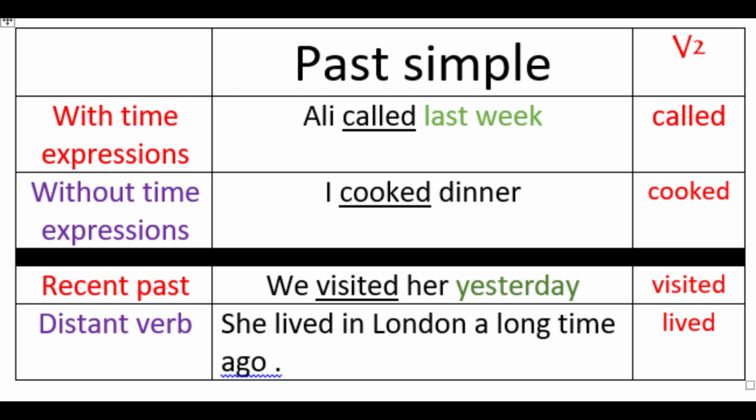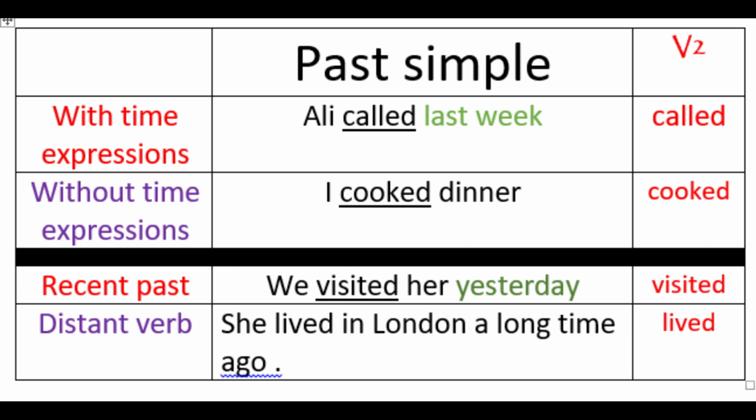Now let's look at when we use the past simple tense. So we can use it with a time expression or without a time expression. What do I mean by that? Let's see. Ali called last week. We say last week, that's a time expression. It's a word that tells us about time, like yesterday, last month, last year, 5 years ago.